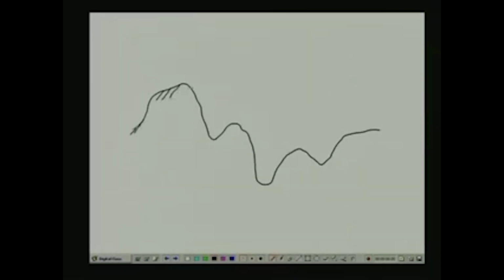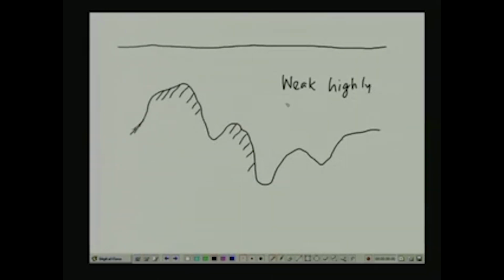So, this is the surface of the intact bedrock. Now, the overburden on top of this intact bedrock is relatively weak. Let us call it weak, highly weathered bedrock.